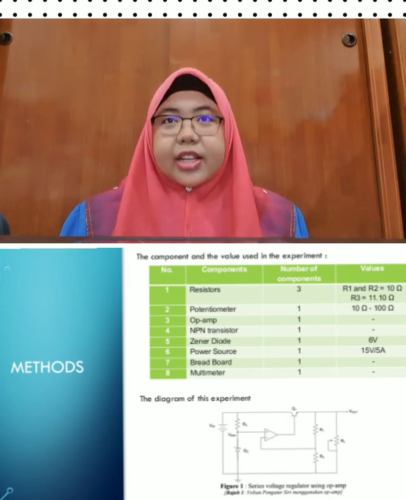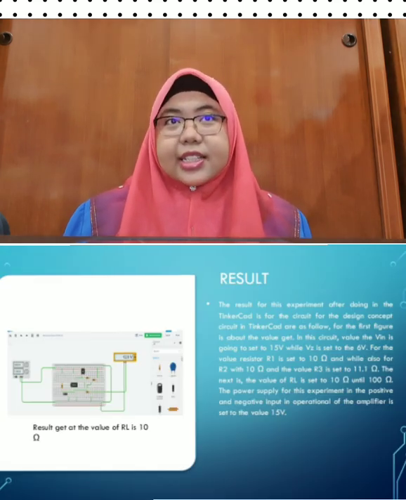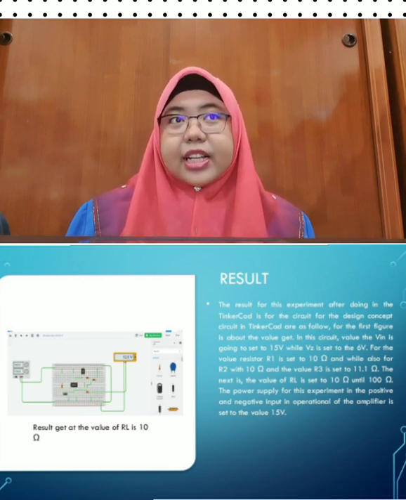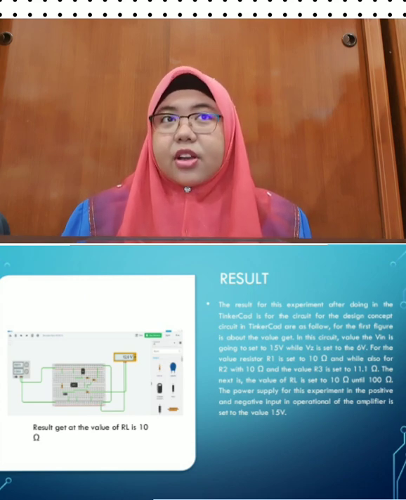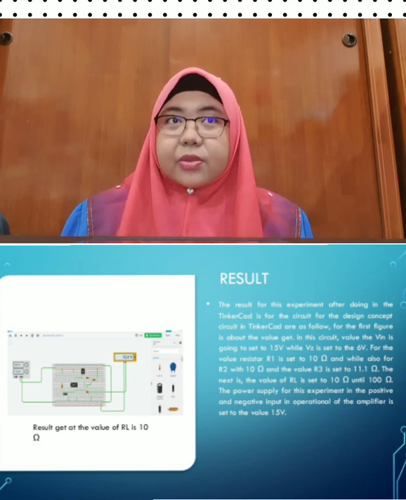This is for the method, and the result we get is the result of the experiment after doing the Tinkercad simulation of the design concept circuit. The first figure is about the values we get in the circuit.